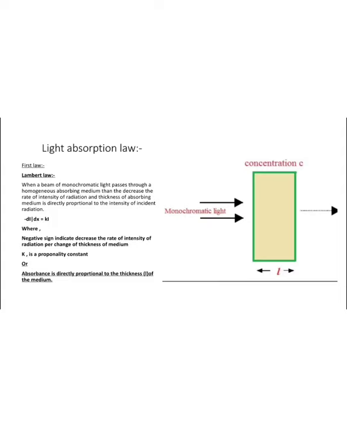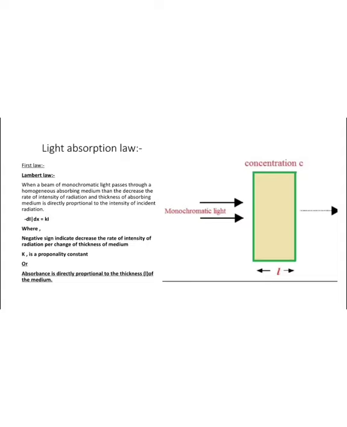When we pass monochromatic light through sample A, it absorbs only 5% of the light. Then we pass monochromatic light through sample B, which has a longer path length than sample A, so sample B absorbs 10% of the light.